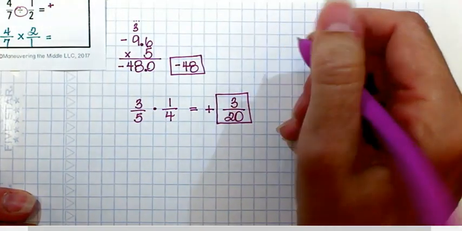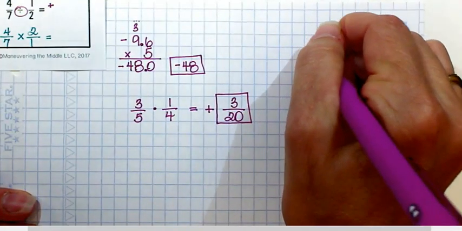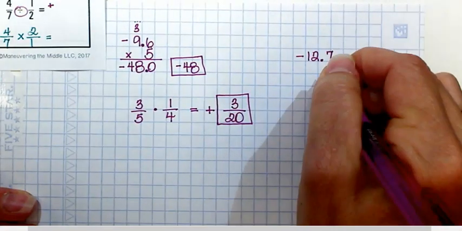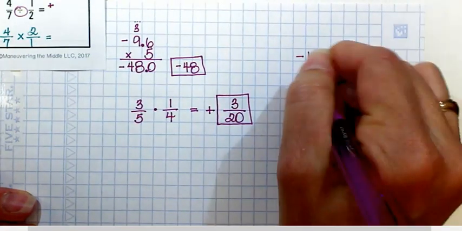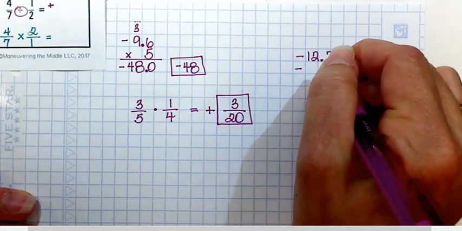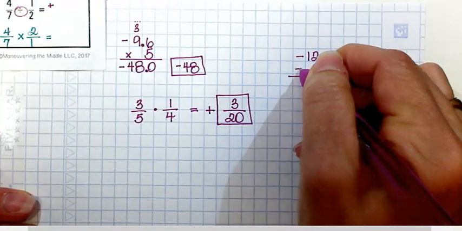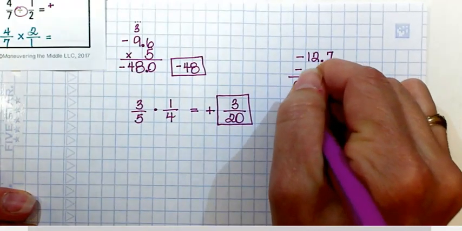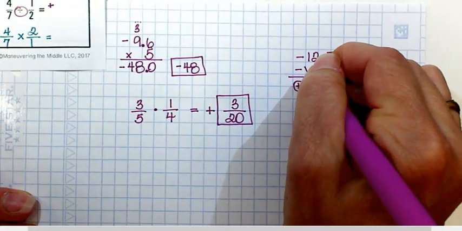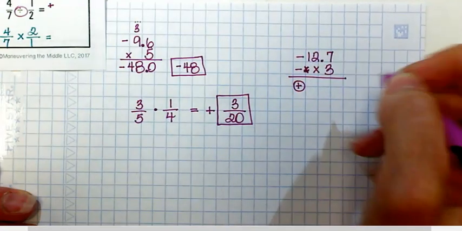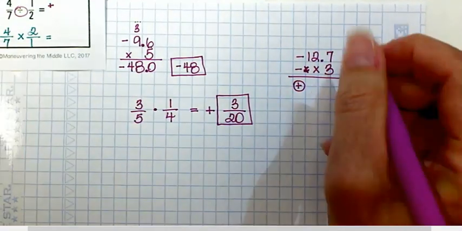All right, the next one is negative 12.7 times a negative 3. If I say negative times negative, my answer is going to be positive. Okay. All right. 3 times 7 is 21.